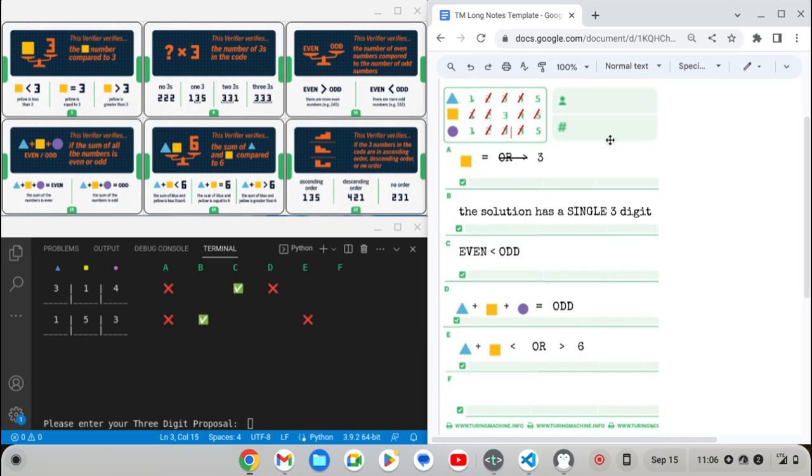Let's see, if it's less than, it'd be 1, 5. And if it's no order, it'd be 1. If it's greater than, it's 5, 3, 5. Well, let's go ahead and test 1, 3, 1.